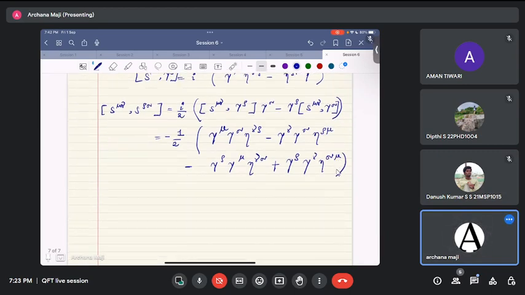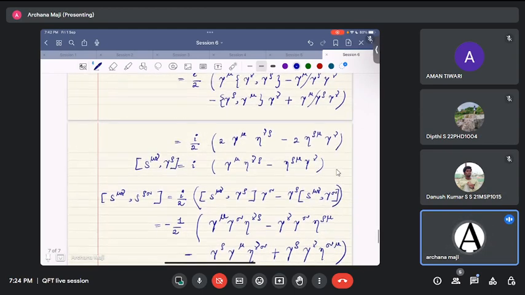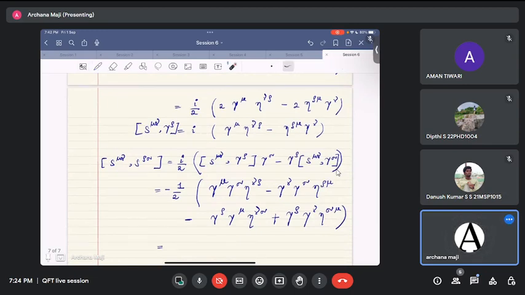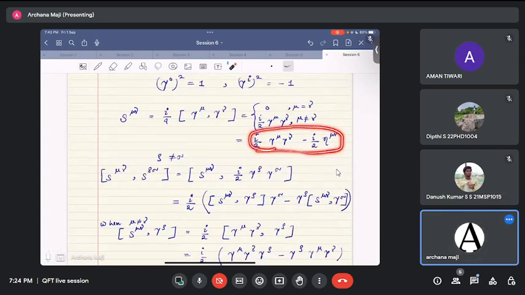Now the remaining thing that needs to be done is as follows. You can see gamma mu gamma sigma, gamma nu gamma sigma appearing everywhere, and we don't have any restriction between mu and rho, so they can be the same or they can be different. That means we should use this particular expression here to write down what gamma mu gamma nu is.